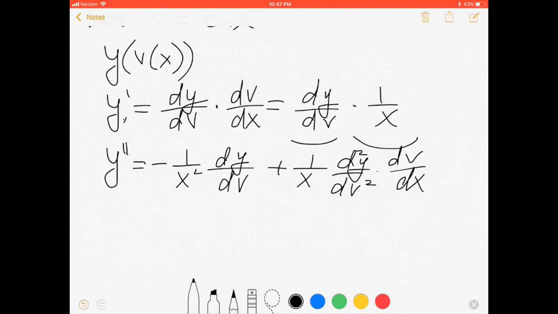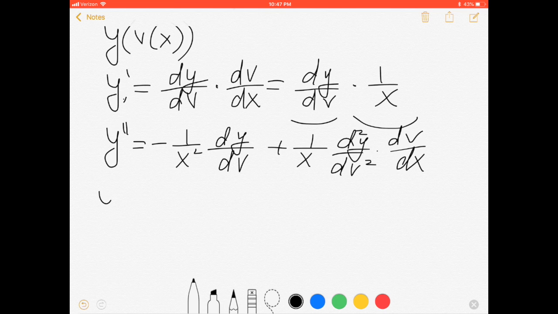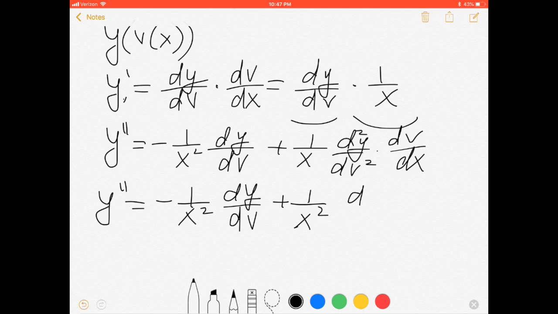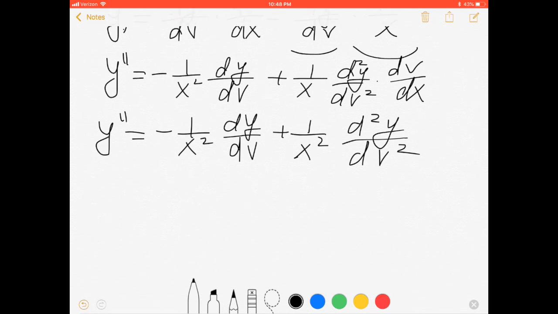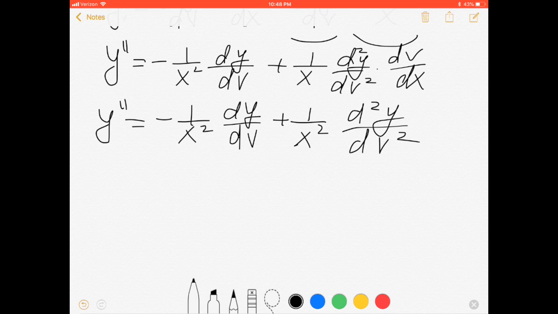But this gives us 1 over x one more time. This means the second derivative will be minus 1 over x squared dy/dv plus 1 over x squared d second y/dv squared. Okay.